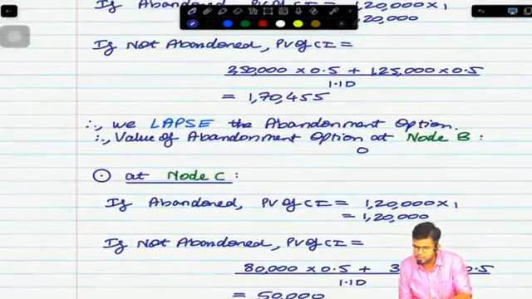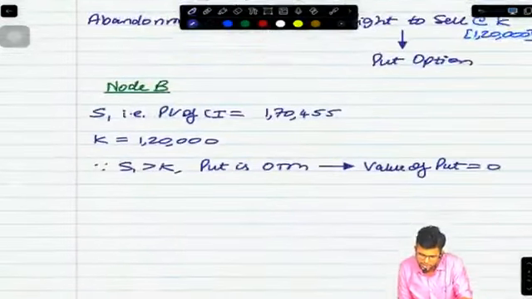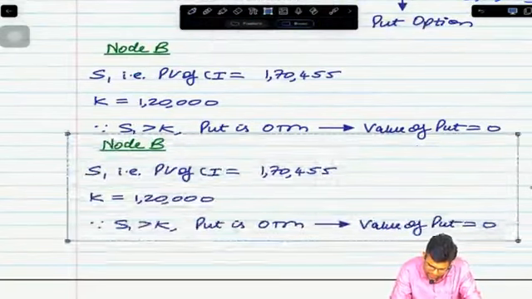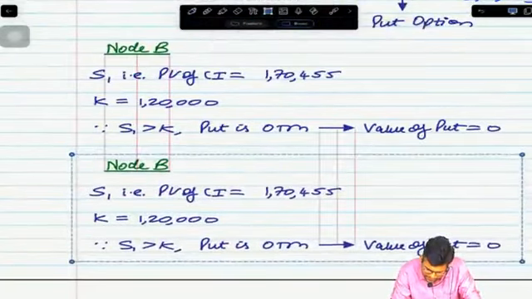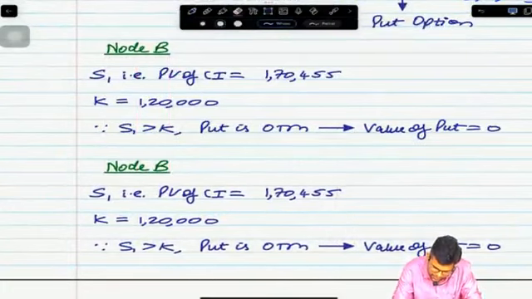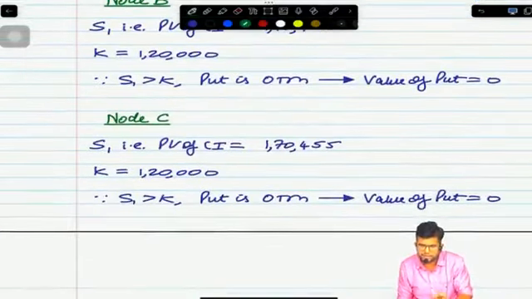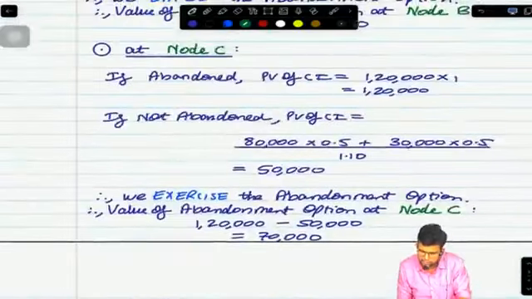Understood? And at node C, what happened? At node C, what is the time? 22. At node C, S1, that is PV of CI, turned out to be 50,000.